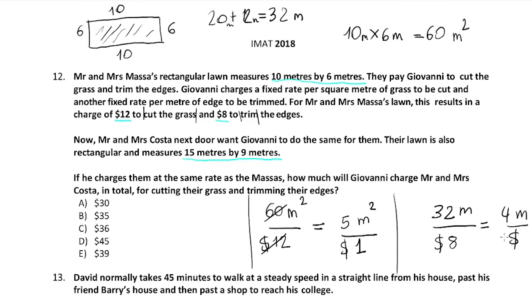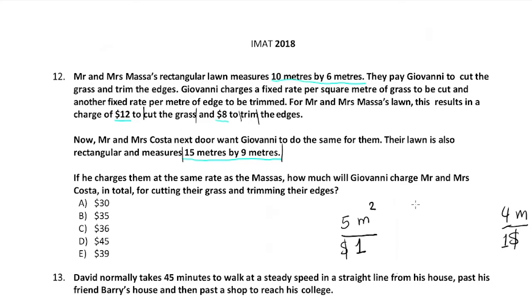So for each dollar Giovanni charges, the result is 4 meters of grass trimmed. So we can call this the trim cost and this the cut cost.